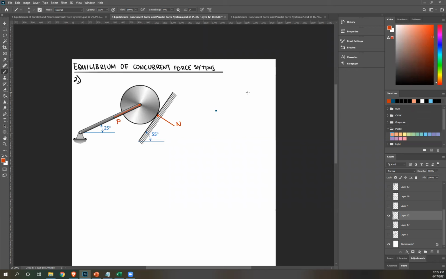If we transfer that to our free body diagram, so if this is our cylinder, this dot, you can draw it this way, this being your P, and then this is your N. Or you can draw it differently. You can extend this line of action. So instead of being here, I'm gonna move P over here.